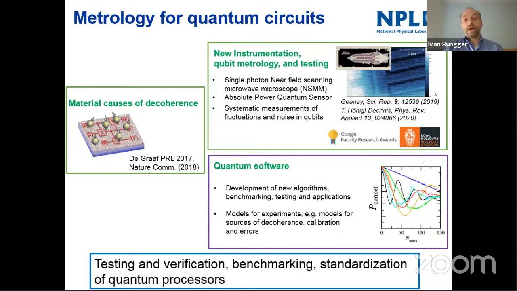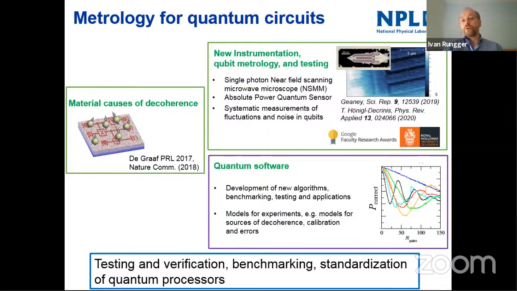Out of this, a lot of new activities have come, especially on the experimental side, where they're working on new instrumentation for qubit metrology. For example, here I show a figure of a single photon near-field scanning microwave microscope, where the idea is that you scan a superconducting qubit, and if you find a defect that causes decoherence, it will light up. It would then allow you to track these defects, understand them, and hopefully eventually remove them.